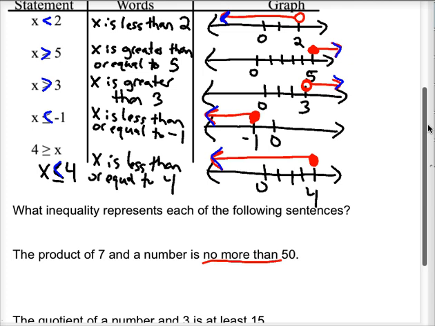No more than, okay? So we have product of 7 and a number, so that's going to be simple. We're comparing it to 50. So I want you to consider, could it be less than 50? So for example, is 40 no more than 50? The answer is yes. So we're dealing with less than, okay? No more than.